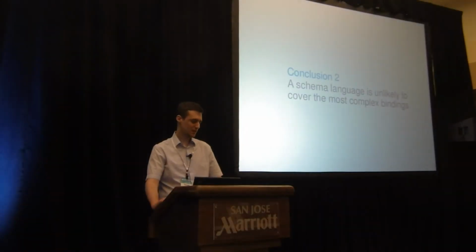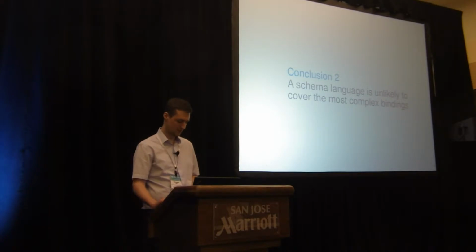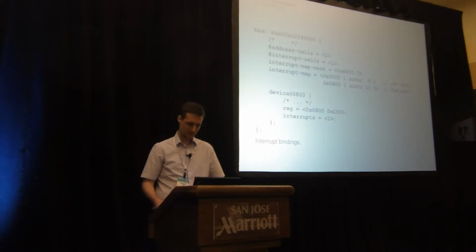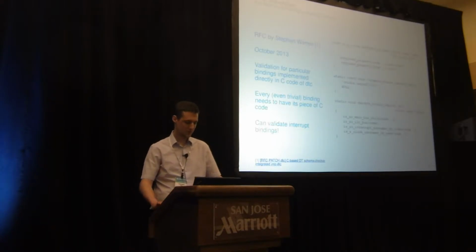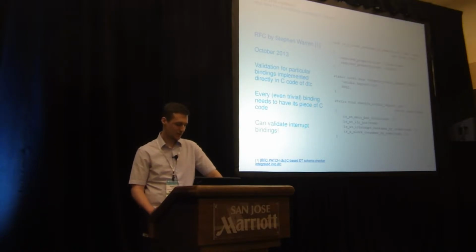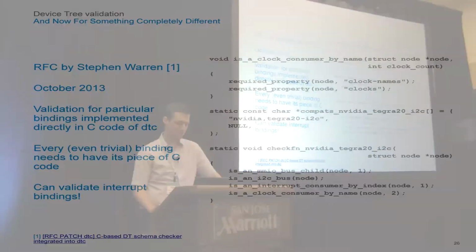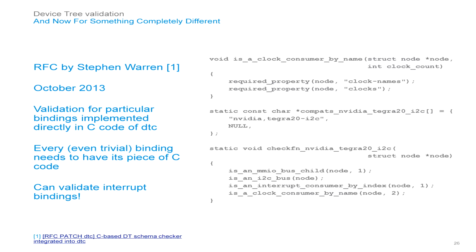So we need something else, and such something else has been posted by Stephen Warren. He used a completely different approach, which instead of inventing a DTS or another schema language, just decided to implement validation of every property, every DT binding, just directly in C code of the device tree compiler.